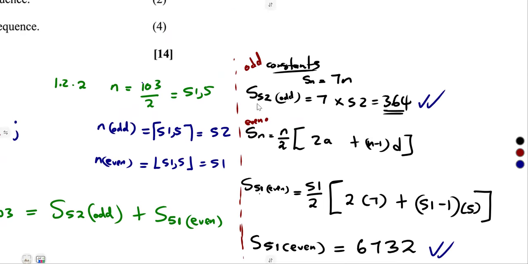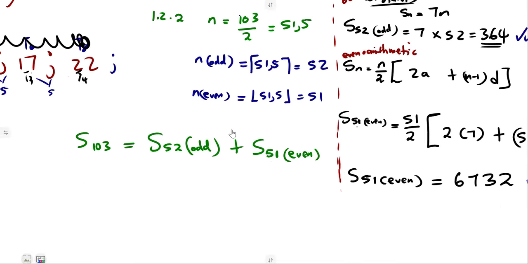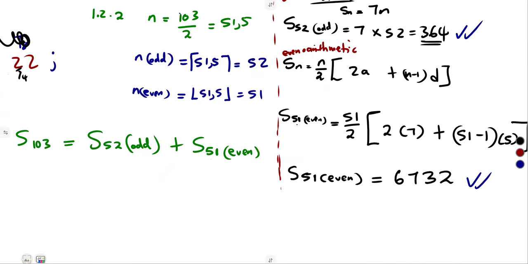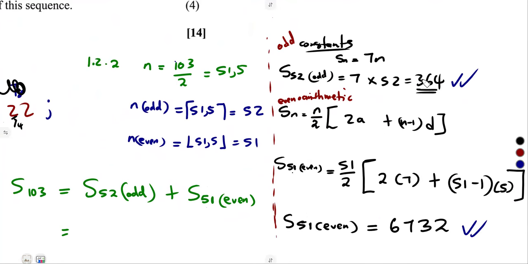So with these two combined, we have got the sum now for the combined sequence. Everything is now combined. Those odd terms added up to 364, plus the even terms, they added up to what?